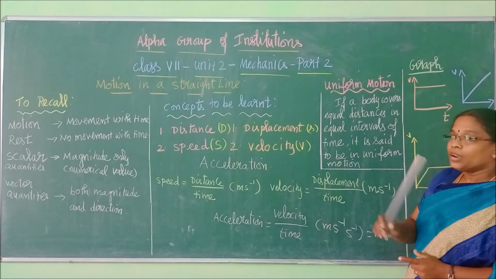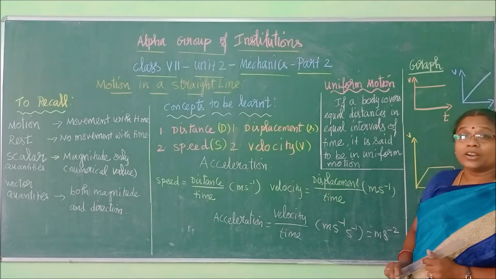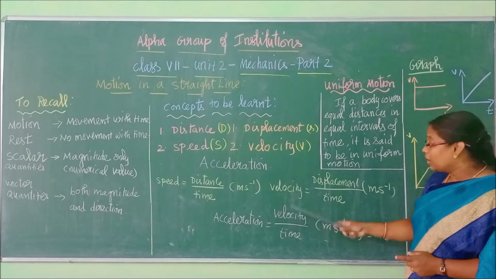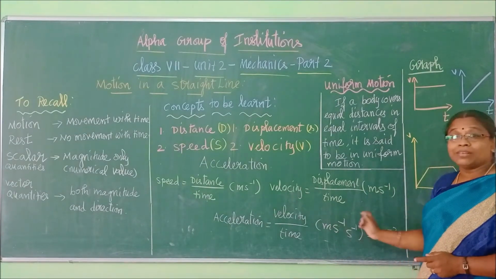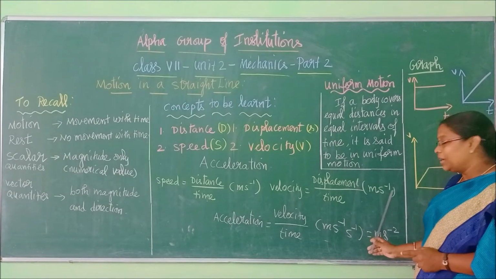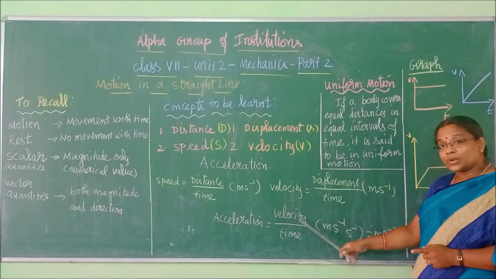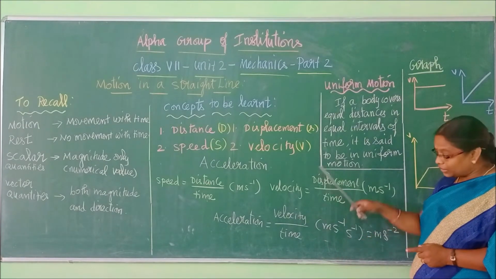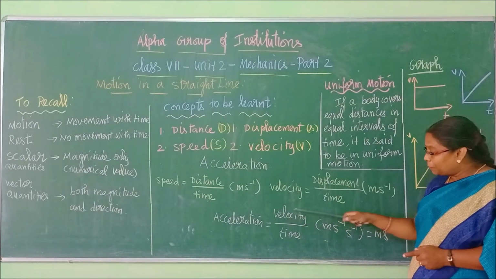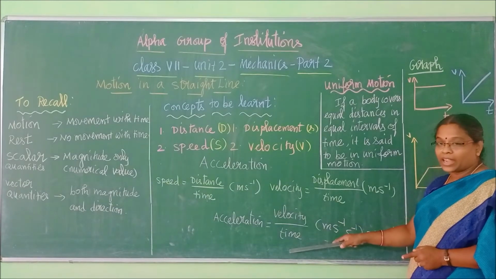Clear? Now come to the unit. Here only you will get confused. Here already we have derived velocity's unit is meter per second. Here velocity is there. What is its unit? Meter per second. Another time we have meter per second by second.